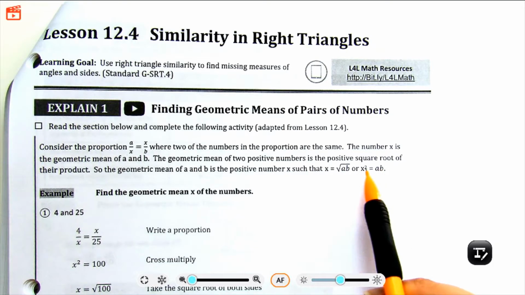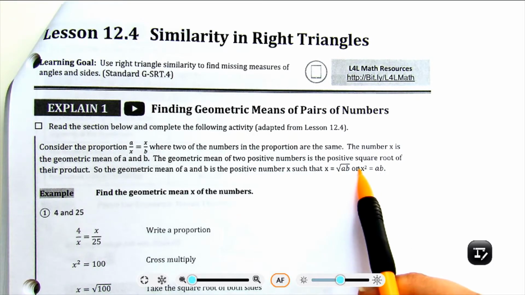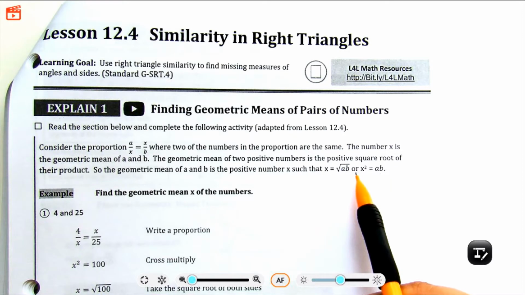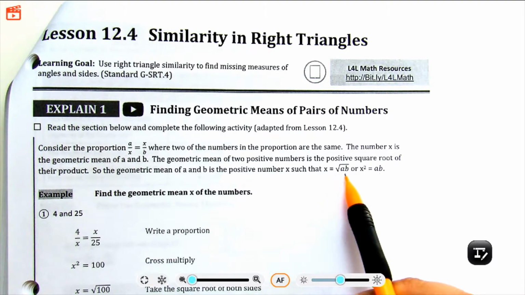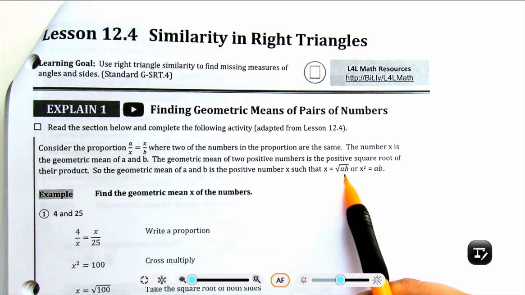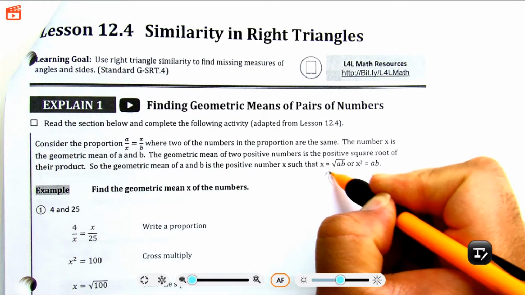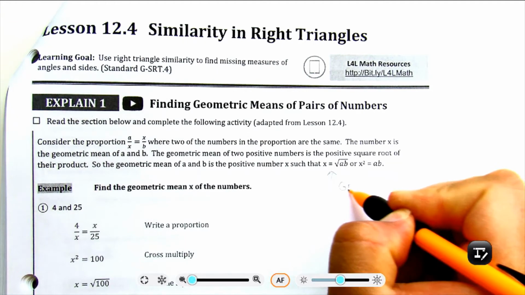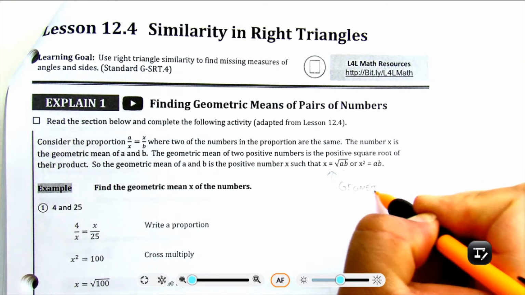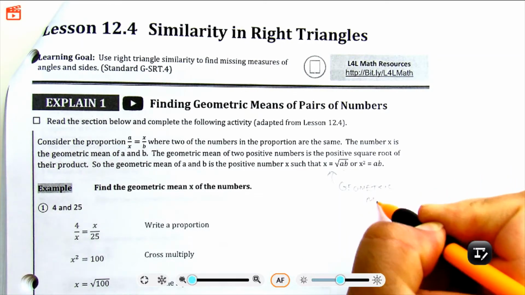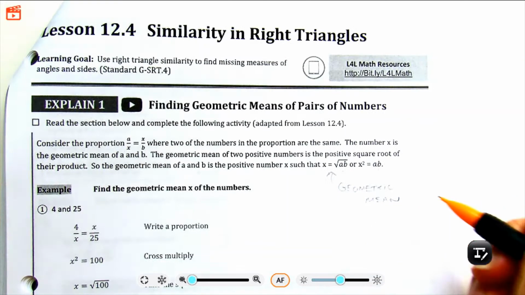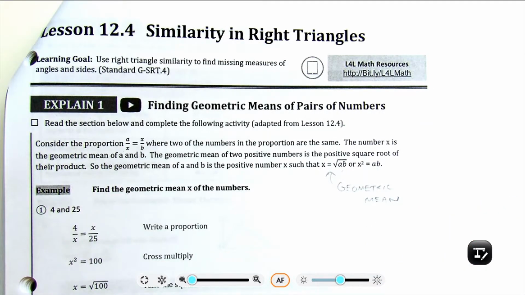And if I wanted to solve for x, I would take the square root of both sides. So x is actually equal to the square root of ab. This formula is the geometric mean, and you could find that given just a and b.